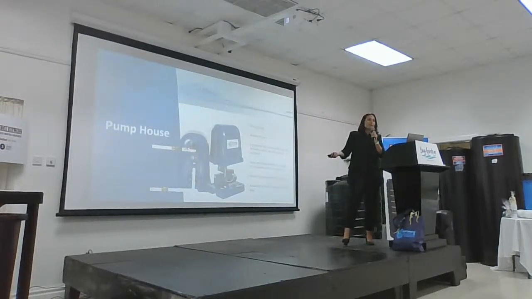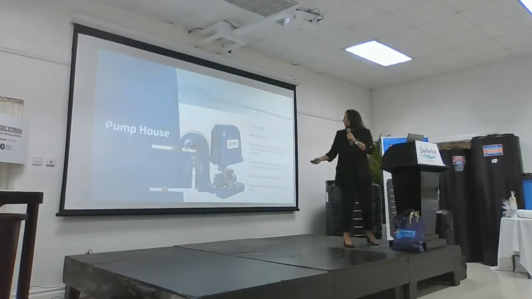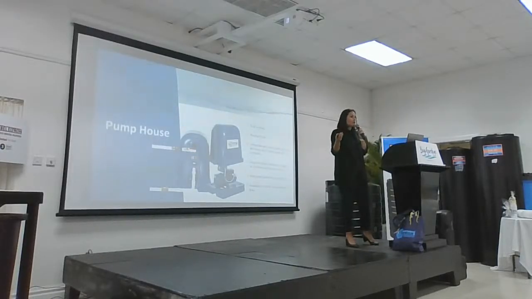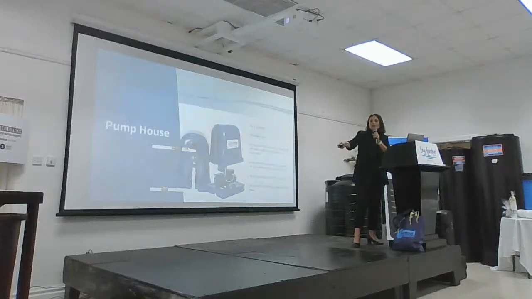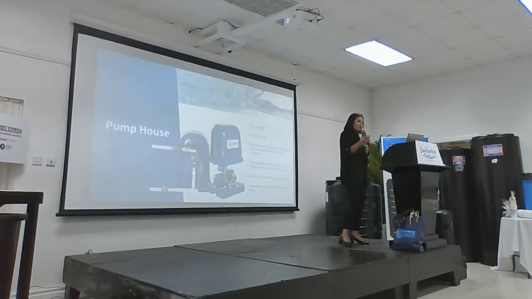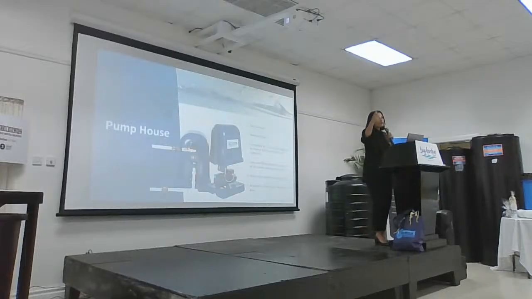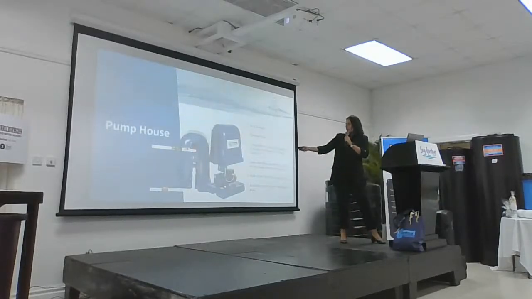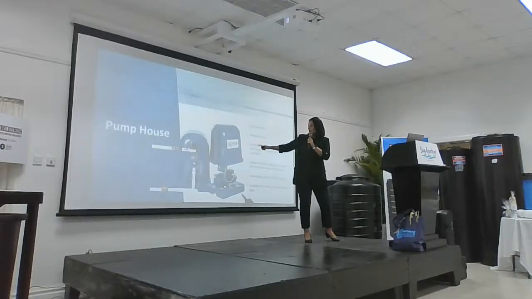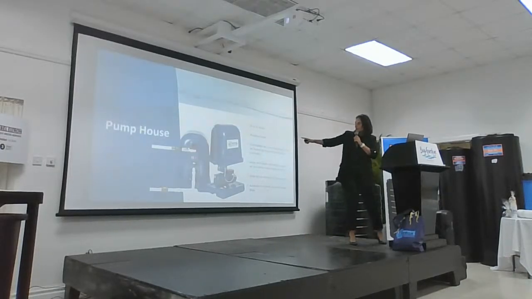The pump house itself is quite easy to install. It's weatherproof. It's compatible with most centrifugal jet pumps, so it is a universal pump house. There's a large ventilation window at the back, and this allows airflow. As well, in the front, there's a wide access port, so you can have your discharge line as well as your inlets coming.